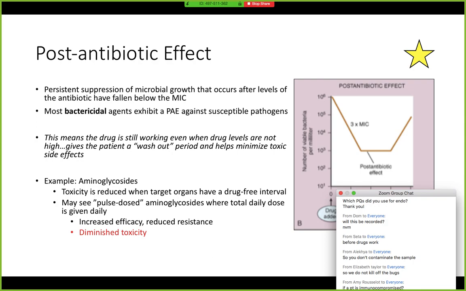So you keep killing, but you don't run that risk of the drug being toxic. If you remember, your aminoglycosides are very nephrotoxic and ototoxic, so we're especially concerned about the kidneys. Because of the post-antibiotic effect, we can do what's called pulsed dosing, where you're only giving the drug once a day and allowing it to wash out. But you get those lasting effects, and that way there's less chance of kidney damage.